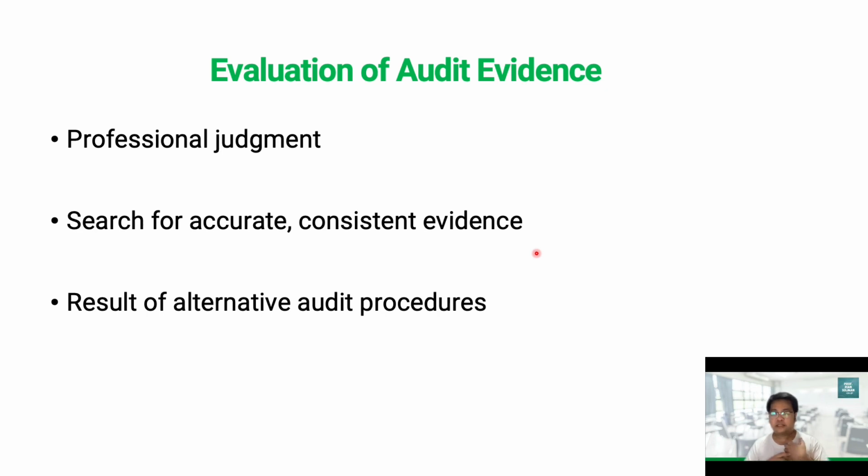For example, if we audit a certain item in the financial statements and we obtain different types of audit evidence, we can conclude that the amount is fairly stated if the different types of audit evidence are consistent with the information presented in the financial statements or accounting records of the client. That's when we will have the confidence or satisfaction, based on our evaluation, that the amount, the account balance, the class of transaction, or the disclosures are fairly stated in the financial statements of our client.